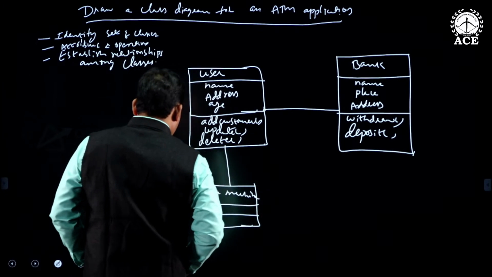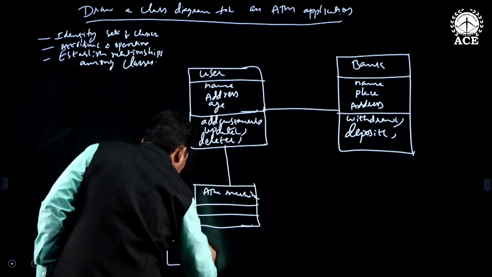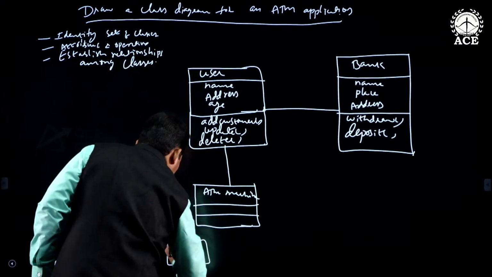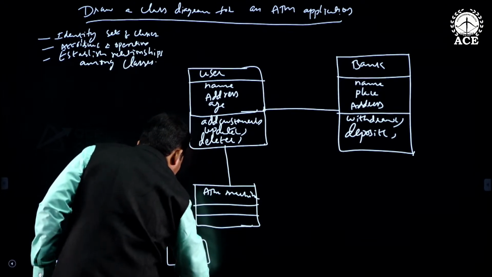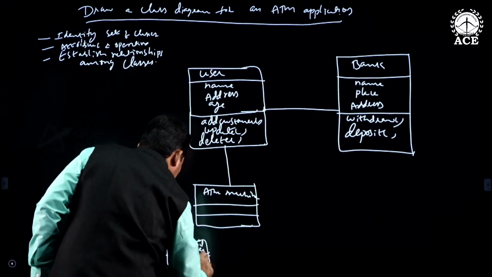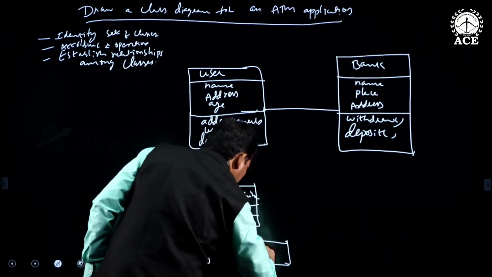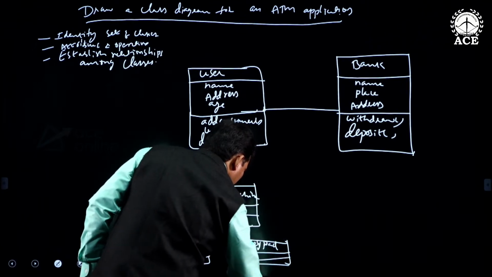ATM machine consists of some parts. Functional key is one class. Keypad is one more class. We can add attributes and operations.